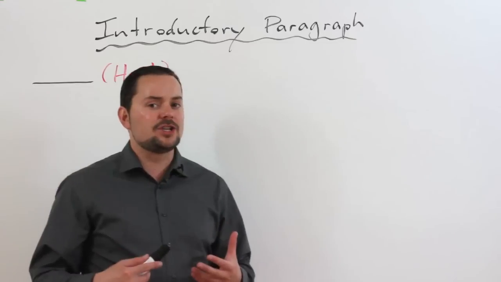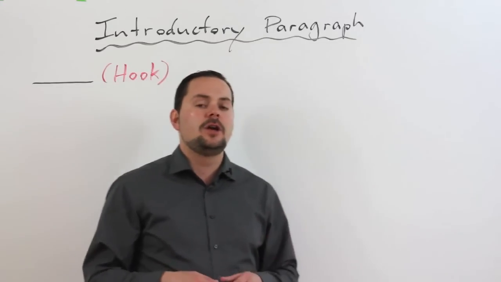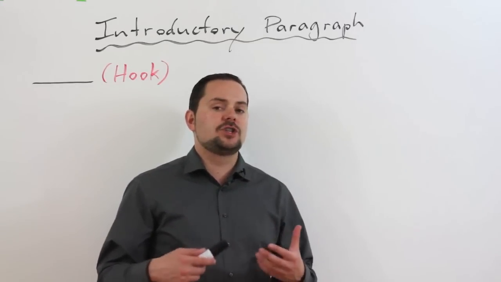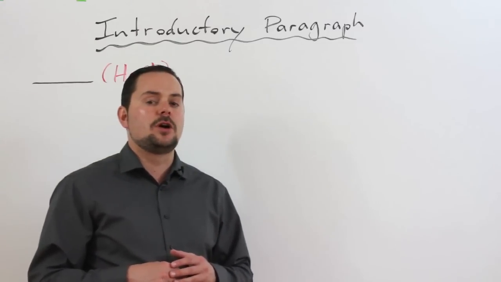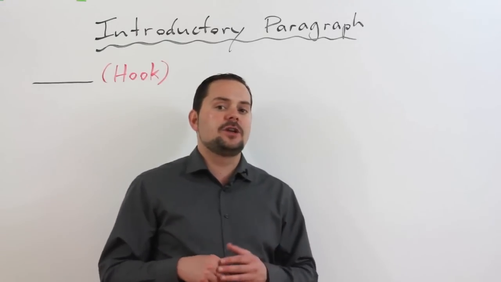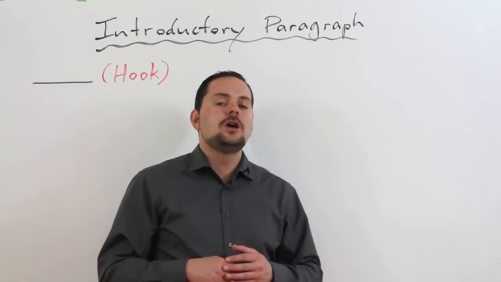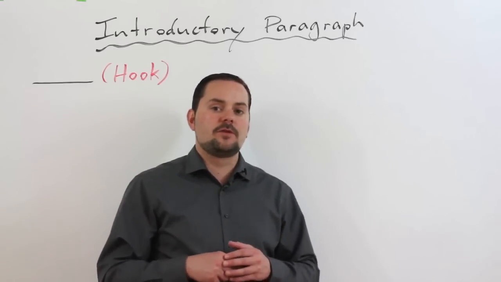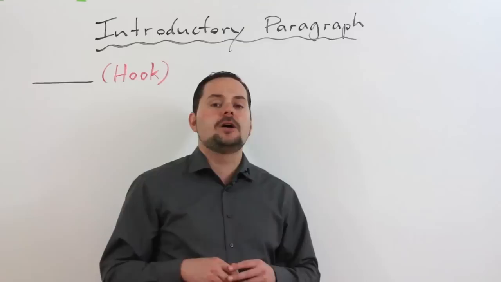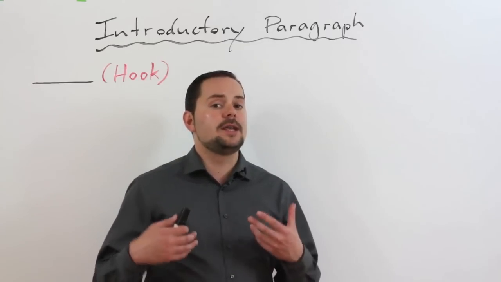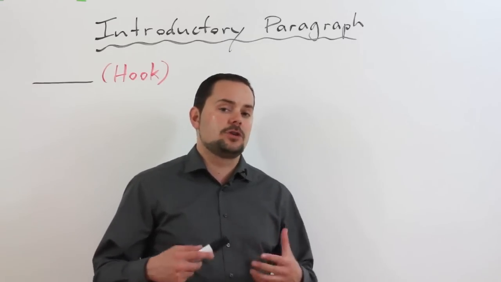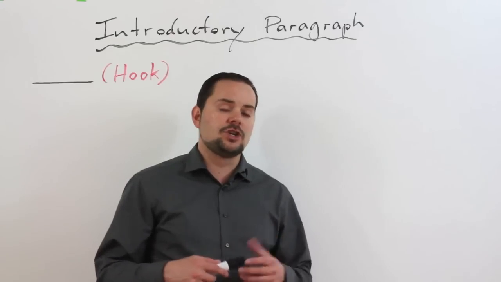Please don't use a question. Sometimes you may hear people suggest that a question is okay for a hook. I disagree with this. Questions are for you to answer in an essay, not for you to ask. So avoid questions for hooks. Instead, create some kind of interesting statement that's strongly connected with the topic and controlling idea of the question.